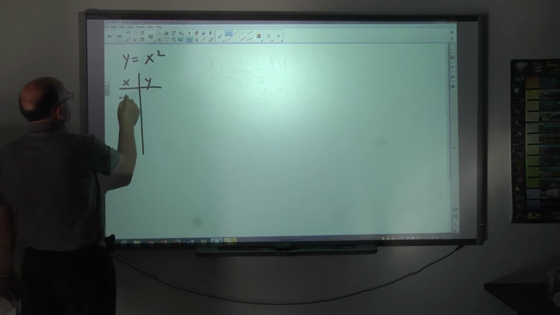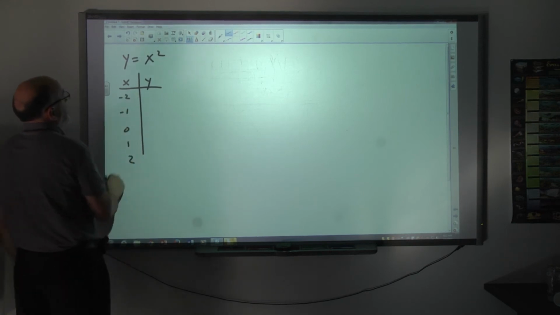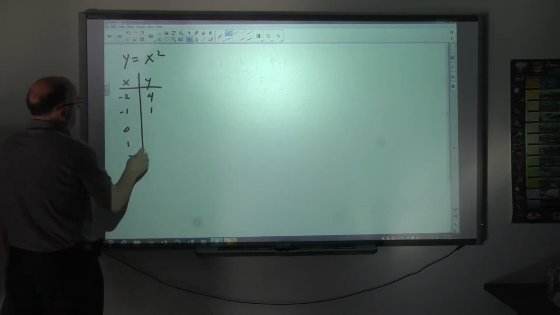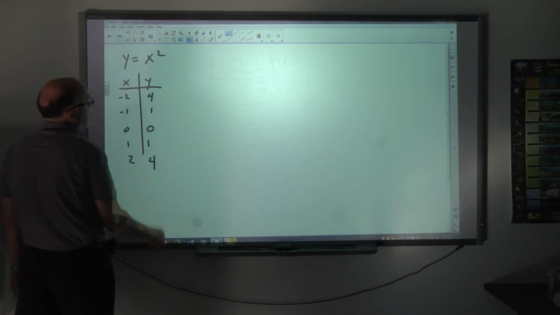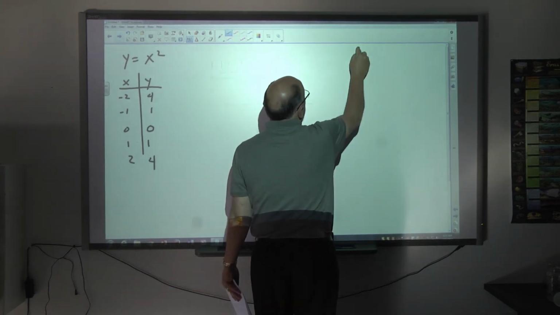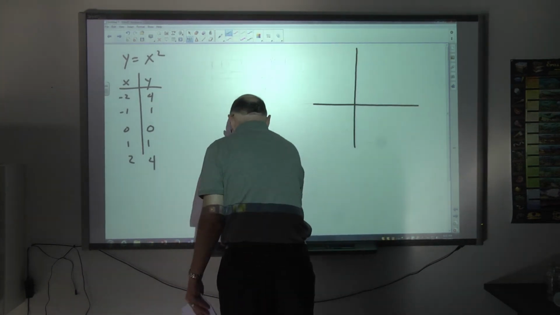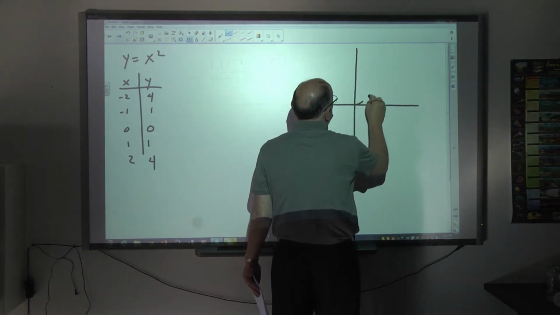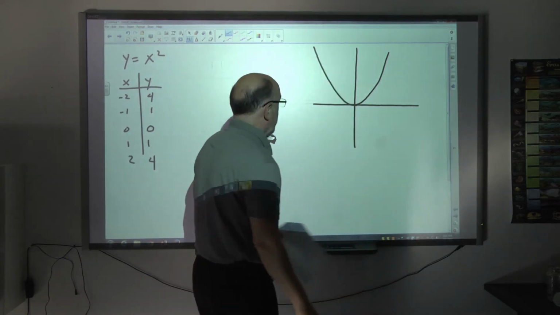Negative 2 squared is 4, negative 1 squared is 1, 0 squared is 0, 1 squared is 1, and 2 squared is 4. If I graph that, it looks like our normal quadratic curve.